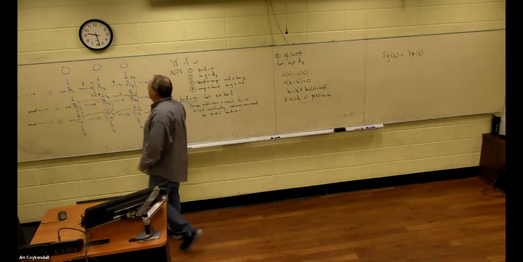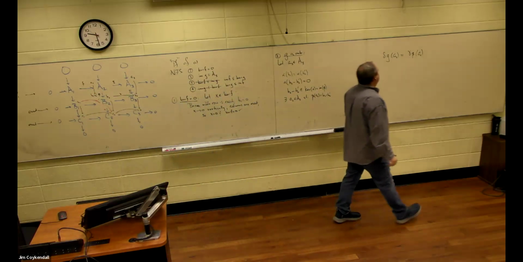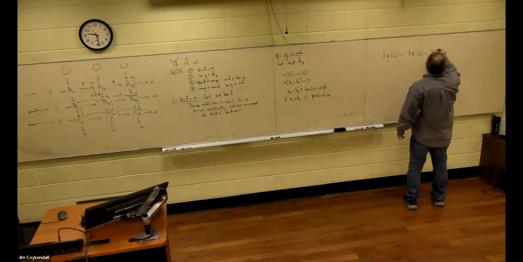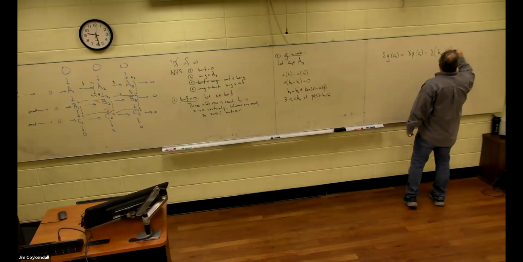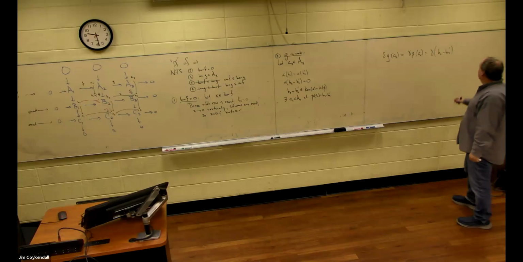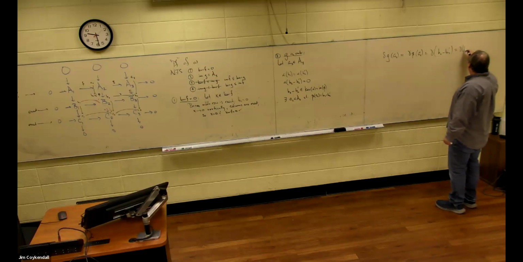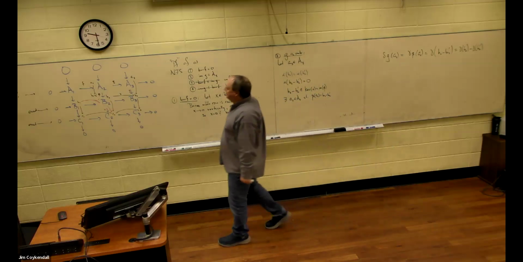Now let's see what happens. Beta takes this to B2 minus B2 prime. Now what's gamma of B2?